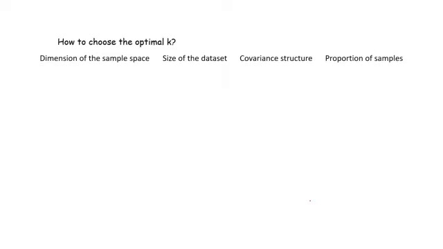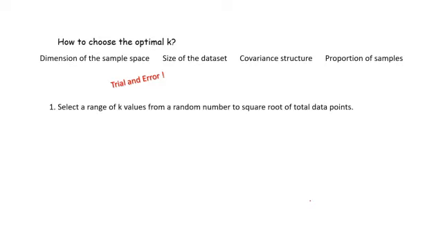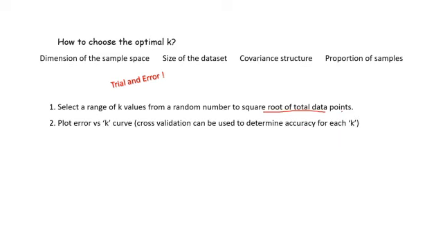So in normal day-to-day practice, we use a trial and error method. First of all, we select a range of k values from a random number to the square root of the total number of data points, that is the training data points mostly. Then we find out the error incurred by each of those k's, and then we plot the error versus k.